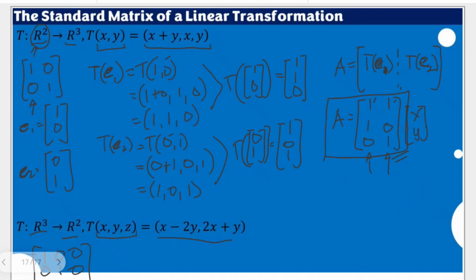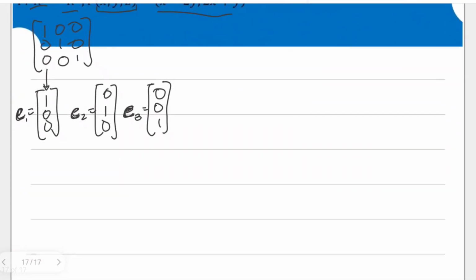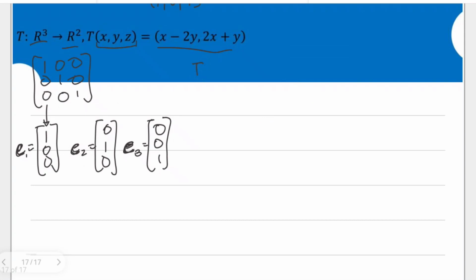Let's proceed to the second one. We have these three different vectors here. So E sub 1 is the linear transformation of 1, 0, 0. Our x is 1, y is 0, and z is 0. Of course, there's no z in the formula, but let's complete this anyway.